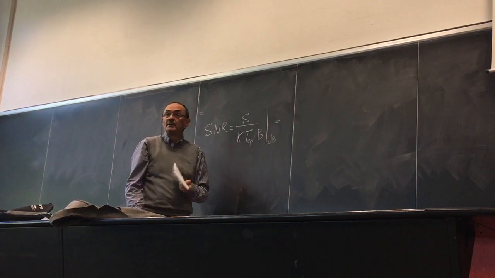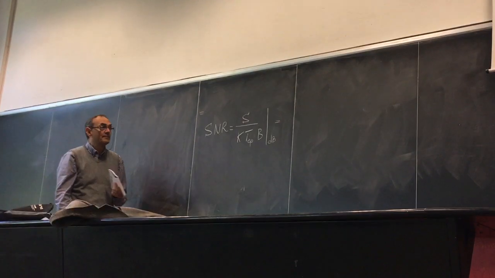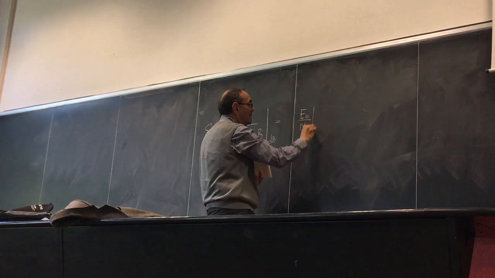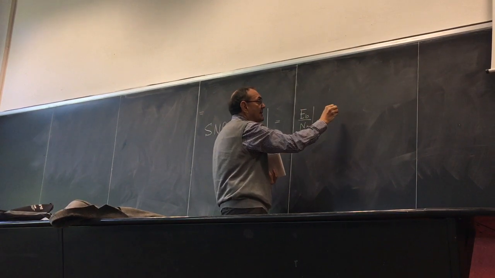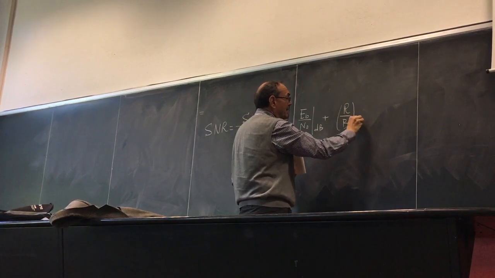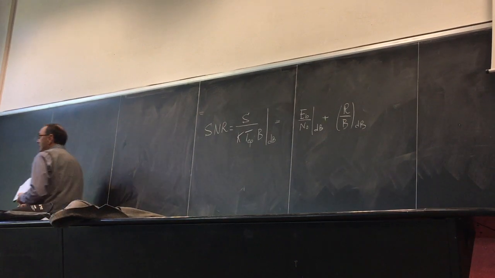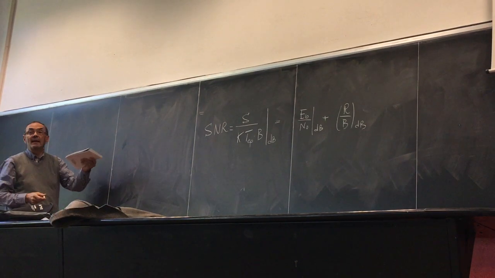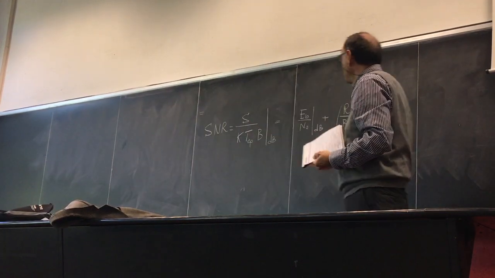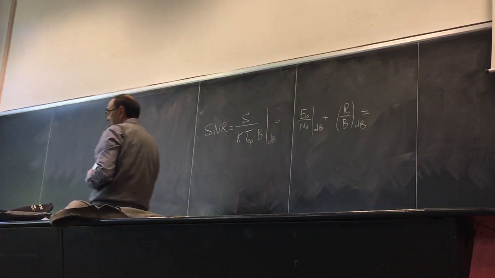and we know that this ratio in dB can also be expressed as a function of Eb over N0 in dB plus R divided by B again in dB. Okay? This is the fundamental equation relating SNR to the quality parameters of the digital communication system, and then we get from the assigned parameters.